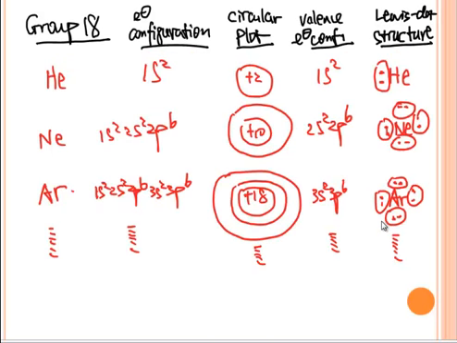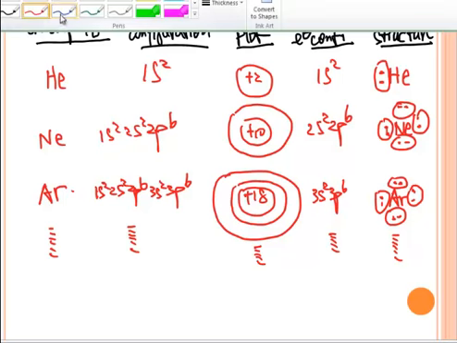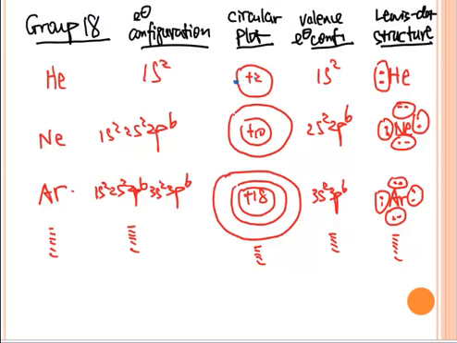For the last group I want to demonstrate, group 18, the noble gases, with the elements helium, neon, argon. Helium has only 2 electrons. So for the circle, to complete that, it should have only 2 dots. For neon, it has 10, so it's 2 inside and 8 on the outside.